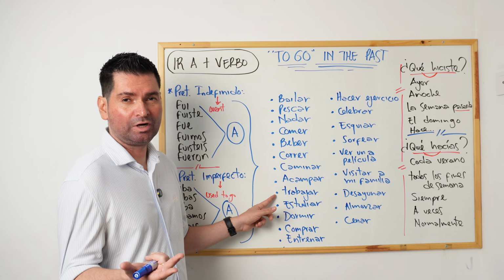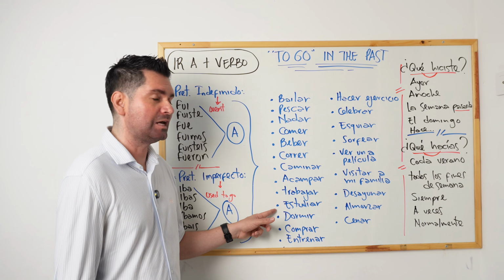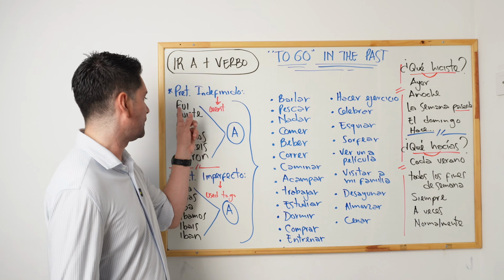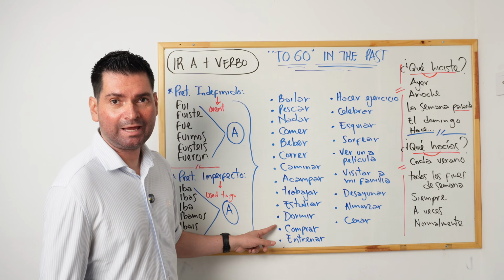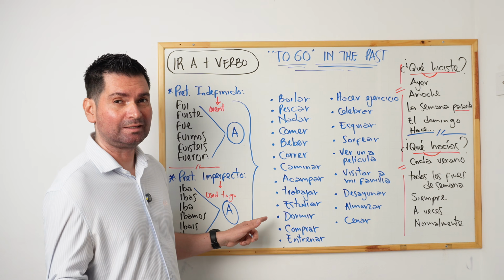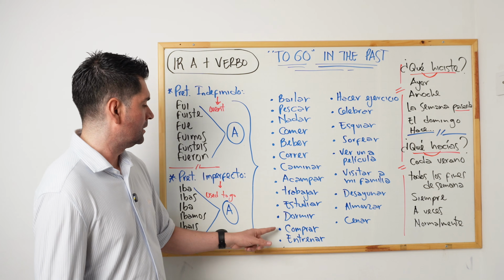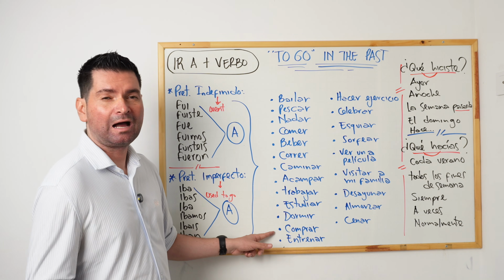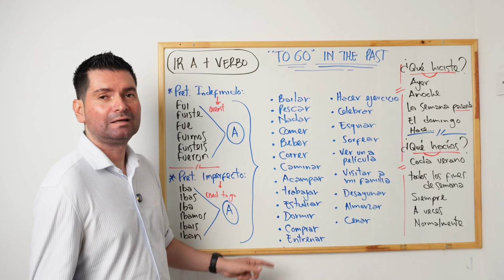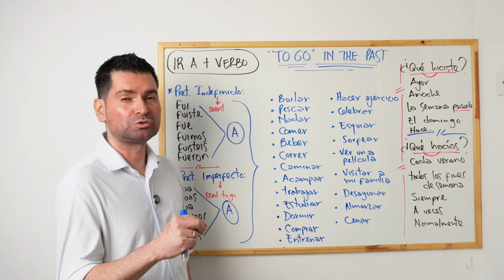Trabajar, to work. Estudiar, to study. Dormir, for example, fui a dormir is I went to bed. Iba a dormir, I used to go to bed. Fui a comprar, I went shopping or I went to buy. Iba a comprar is I used to go shopping.